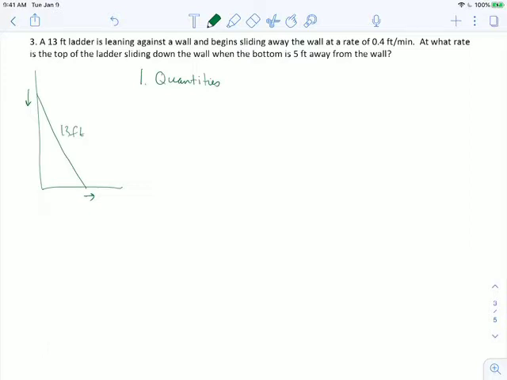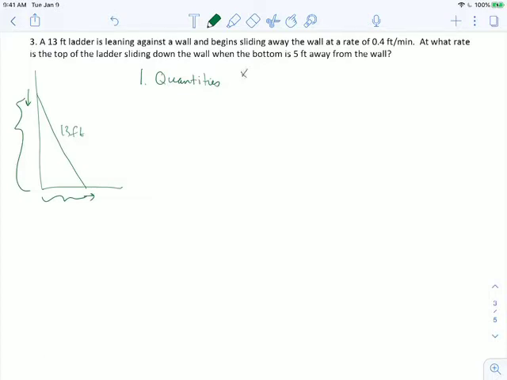And I hope that what you can see after a little bit of thought is that the two things that are changing are the distance that the bottom of the ladder is away from the wall and the distance that the top of the ladder is from the floor.